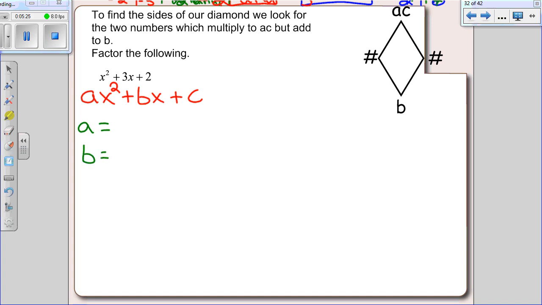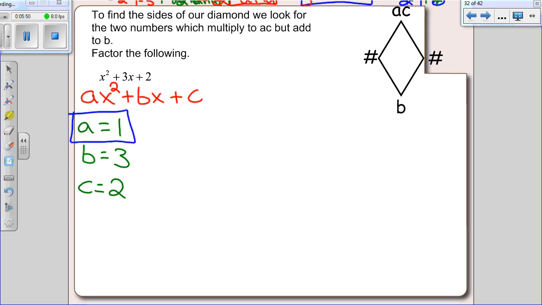It's the number attached to the x. What would c equal? 2. Excellent. And what would a equal in this case? 1. Excellent. If there's no number there, but the x squared is there, then it's 1x squared. Today, every question we do is going to have a equal to 1.